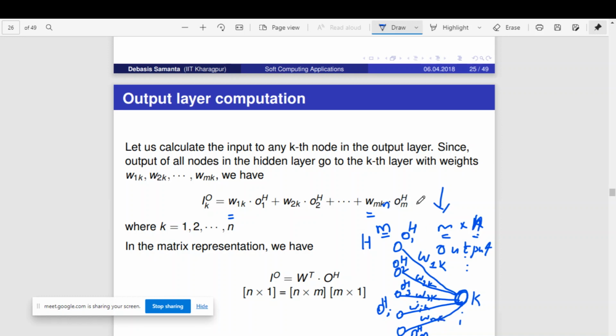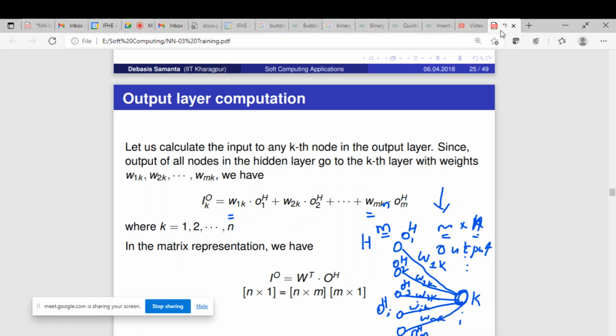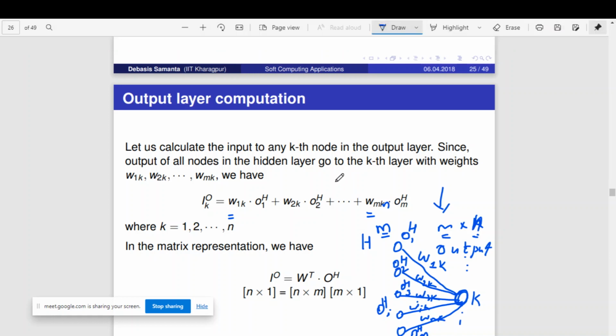It is K only, not N, because it is connected with one neuron, not all neurons. Here we are discussing the weights that correspond to one neuron of the output layer, the kth neuron. So it is WMK.